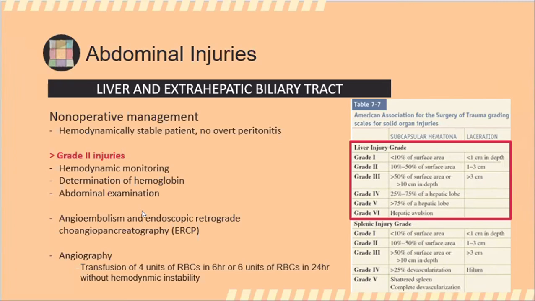So pag decreasing yung trend ng hemoglobin, then nagpe-peritonitis yung patient, nag-deteriorate, kailangan buksan, kailangan operahan. But in other centers, we can do angioembolization or angiography or ERCP para to treat those grade 2 injuries na sa ating center binubuksan na natin. So ini-embolize lang nila yung bleeding vessels.